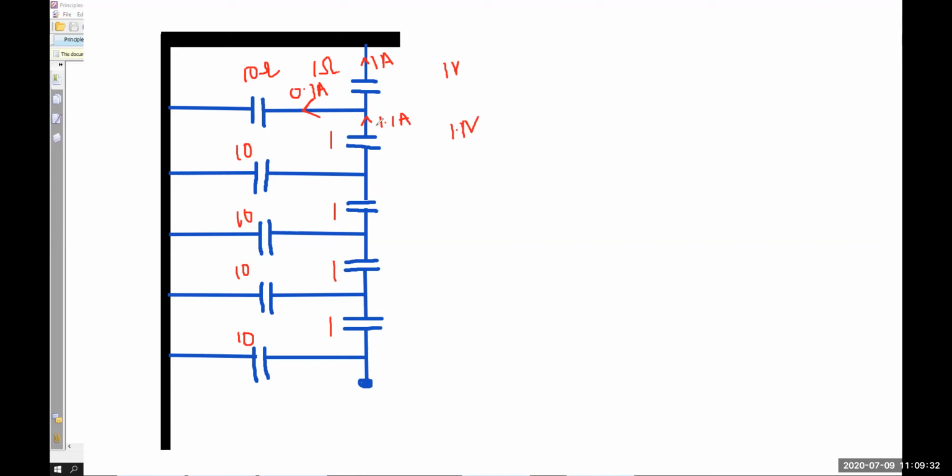How? Because 1 ohm into 1.1 ampere is equal to 1.1 volt. So how much volt do you have between this point? This volt plus this volt, right? 2.1 volt.